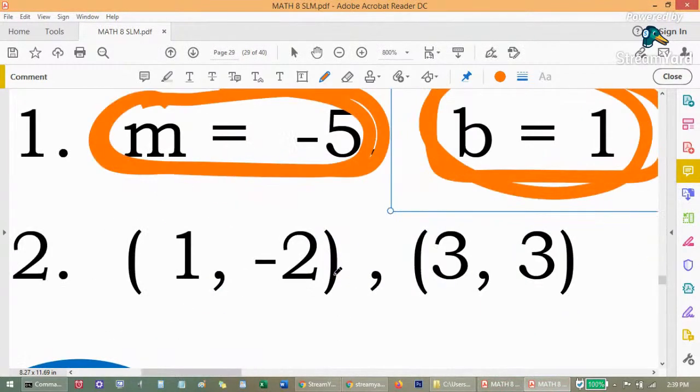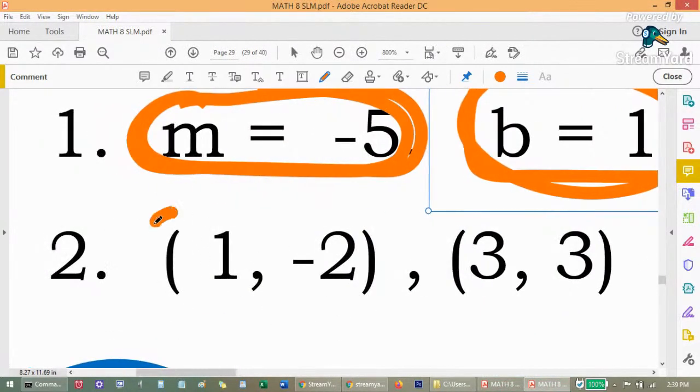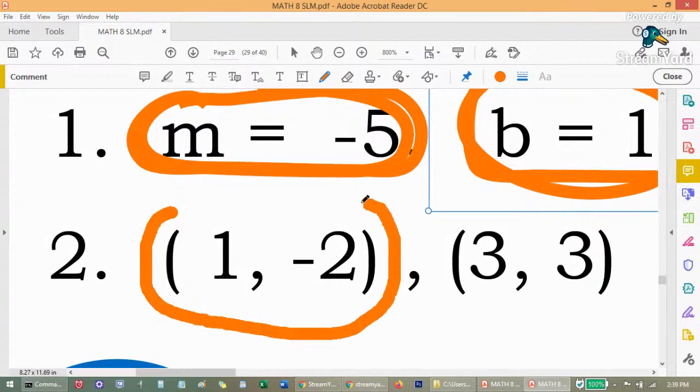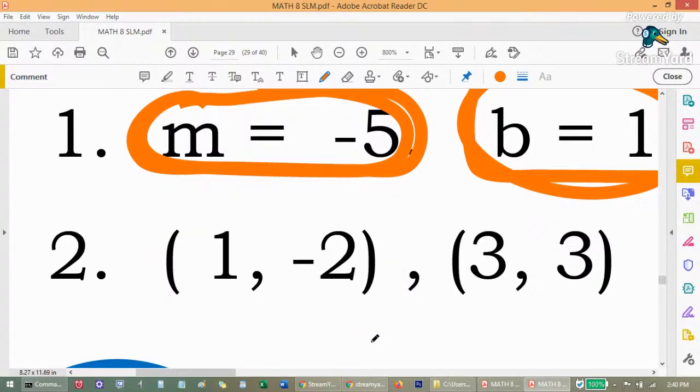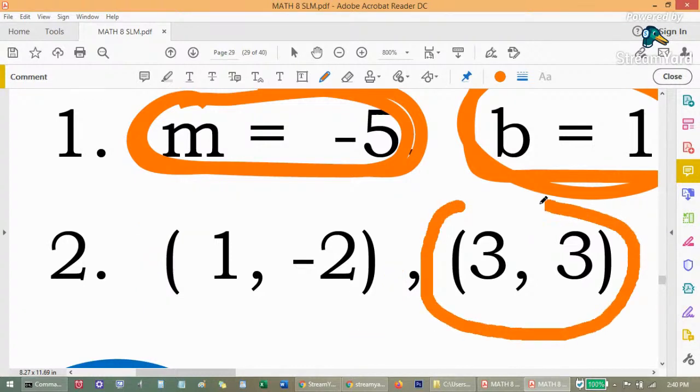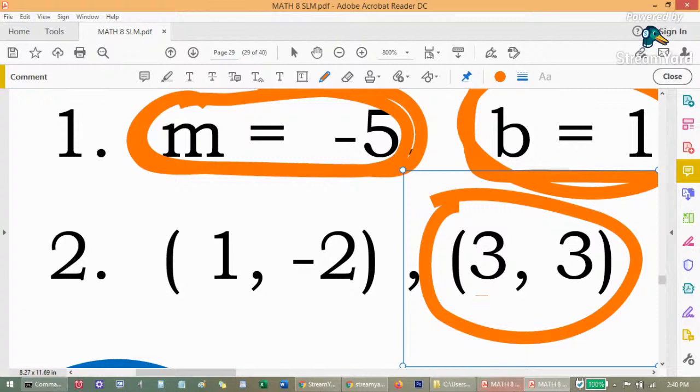Okay, number 2. So meron tayong isang point. Point 1, x is 1, and y is negative 2. Then meron tayong pangalawang point. X is 3 and y is 3.